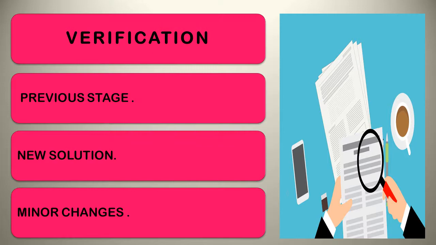For example, a poet will write a new poem on paper, will read it again and again, and will check whether any word or line is still to be changed. This is the stage of verification.